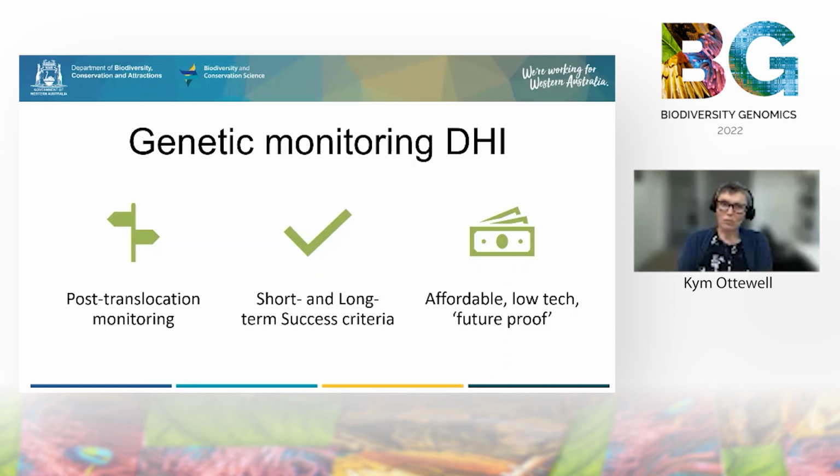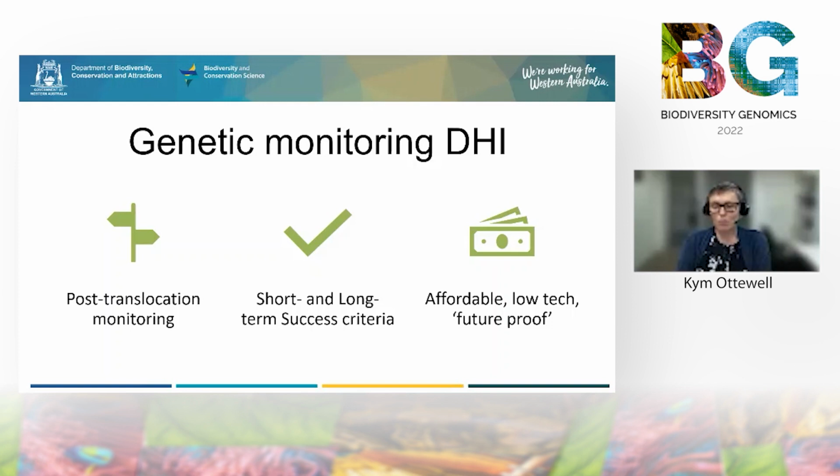So in being able to routinely undertake genetic monitoring for so many species, particularly on Dirk Hartog Island and in perpetuity, we really need genetic solutions that are affordable, and preferentially low tech, so that our regional conservation staff can undertake the routine monitoring component of this translocation. And we also need methods and methodologies that are pretty much future-proof.